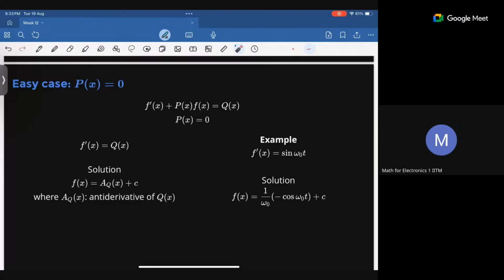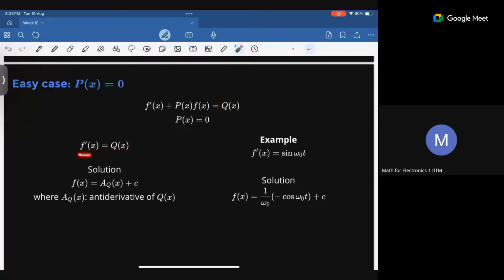And we are going to solve this differential equation now by taking the very simple case where our p of x is 0. So if we don't have this term, all we have is f prime of x equals q of x, which is like this.